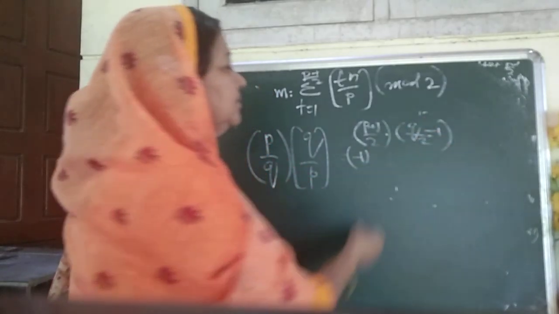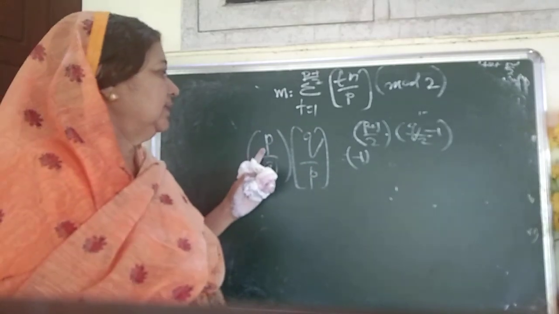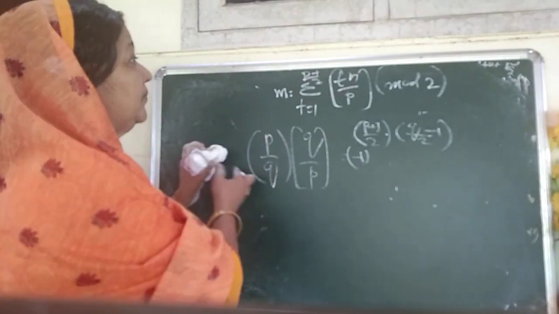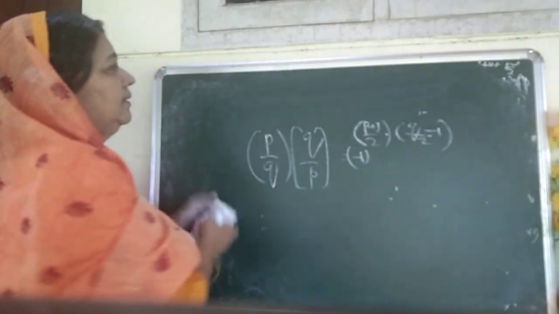This proof is very simple. By means of this theorem, we can easily prove the quadratic reciprocity theorem by means of this Gauss lemma.